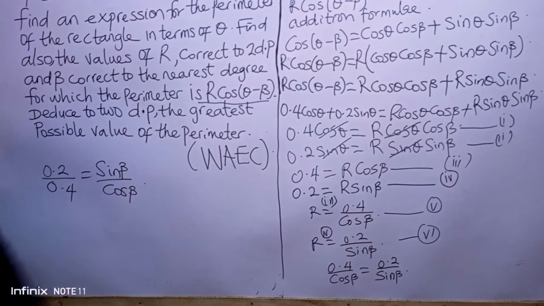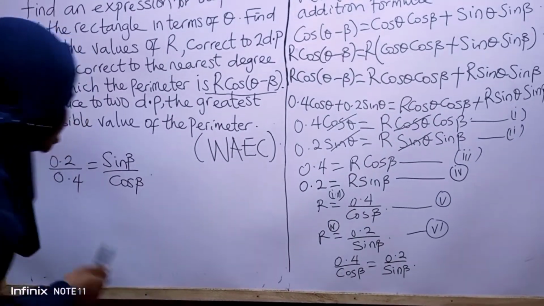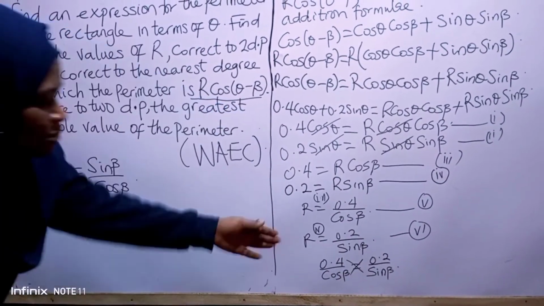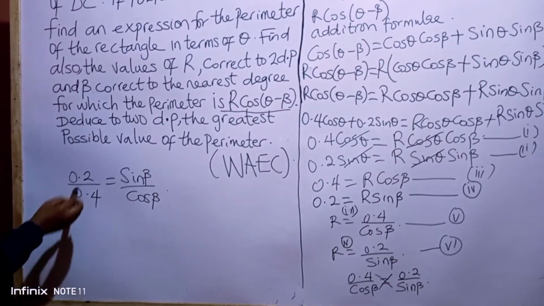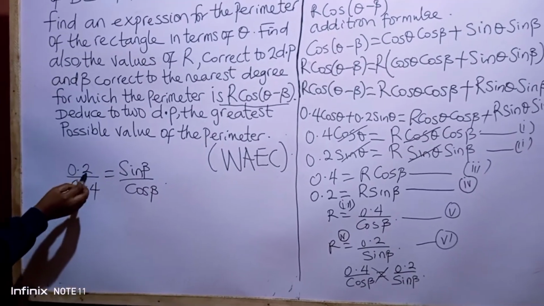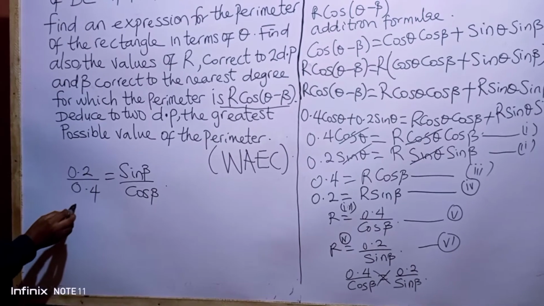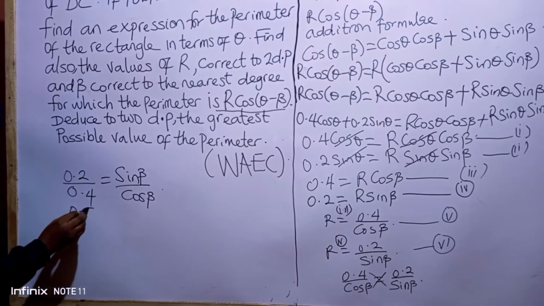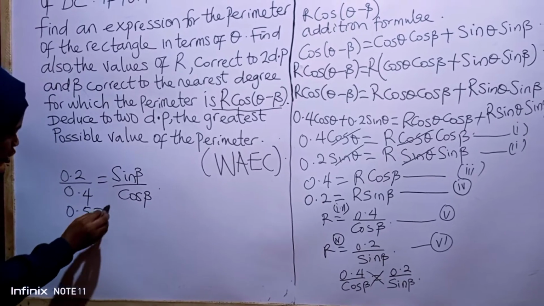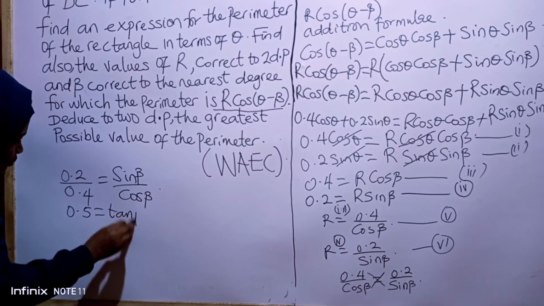Please make sure you simplify that one. What I did is that I cross multiplied and simplified everything. 0.2 over 0.4 is 0.5, and sin beta over cos beta is equal to tan beta.